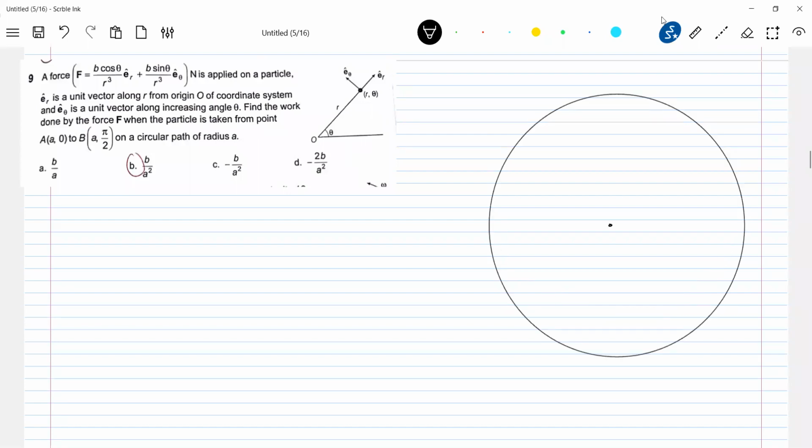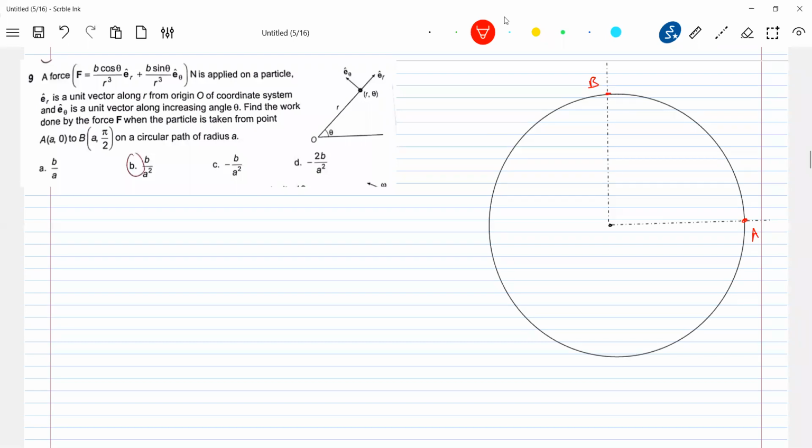So where is the point? Point A will be here. This is point A, (a, 0). This will be point B.